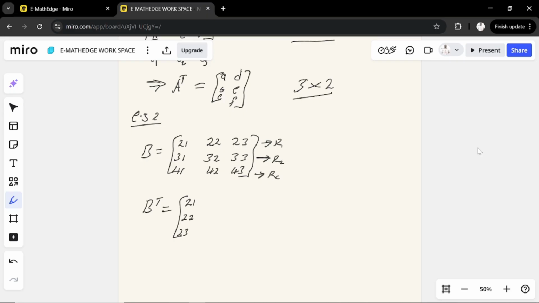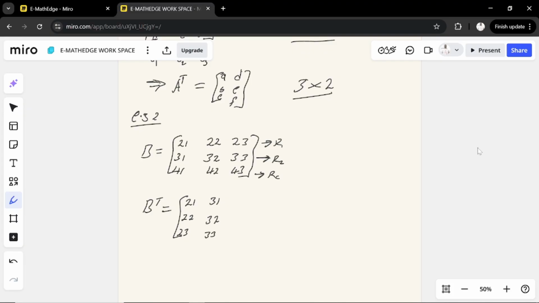First column is obtained from the first row of the initial matrix P. Second column, the second row is now going to be the second column, which we have to be 31, 32, and 33.